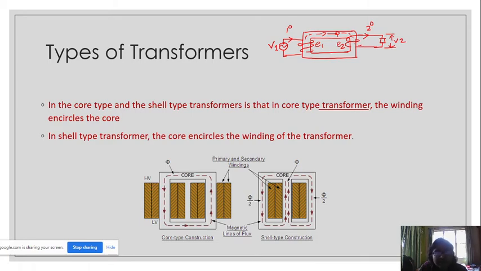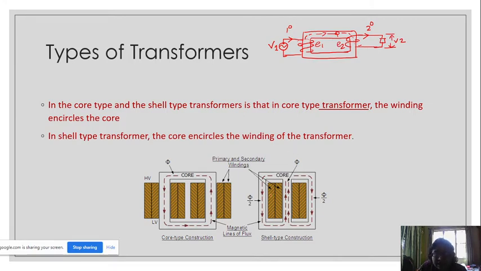The core is in the middle and the winding is encircled like this, outside of the core. So in this type of transformer, the winding encircles the core, and in the shell type transformer, the core is encircling the winding.